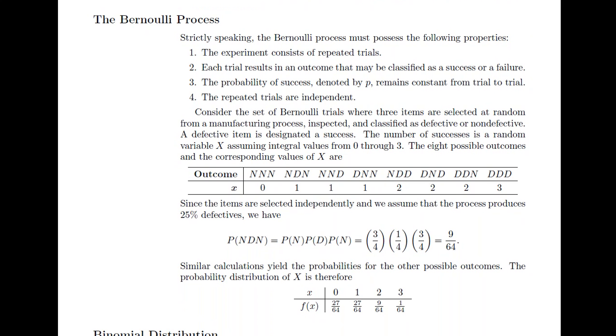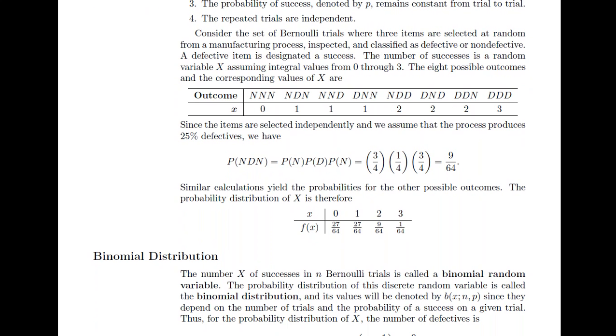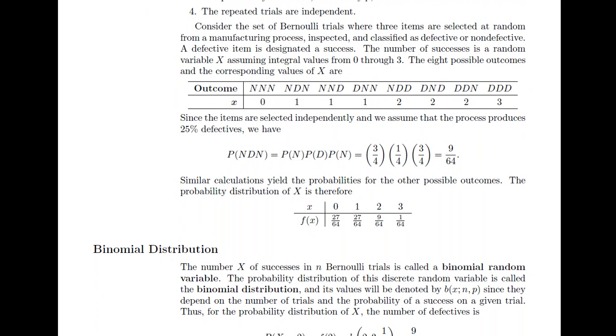Since the items are selected independently and we assume that the process produces 25% defectives, we have the probability of NDN equal to the probability of N times the probability of D times the probability of N, where N is non-defective and D is defective, which is equal to 3/4 times 1/4 times 3/4, which is equal to 9/64.